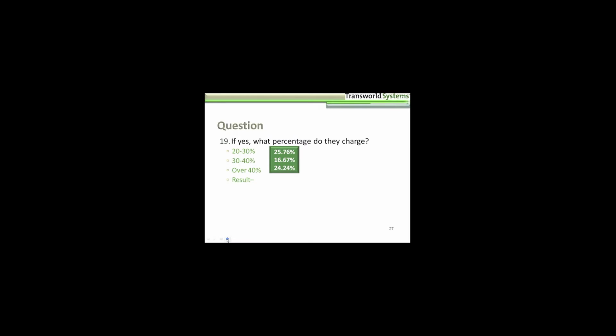So what you guys have here is pretty typical, on par with the national average. For our national results, 25% are in that 20 to 30% range, 16% are in that 30 to 40% range, and 24% are in the over 40% range.